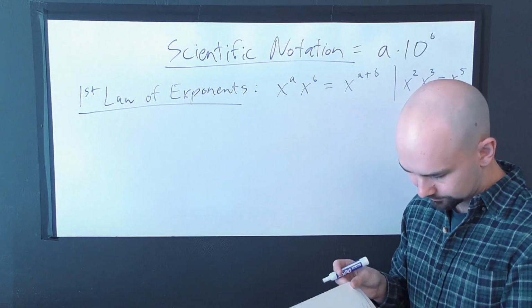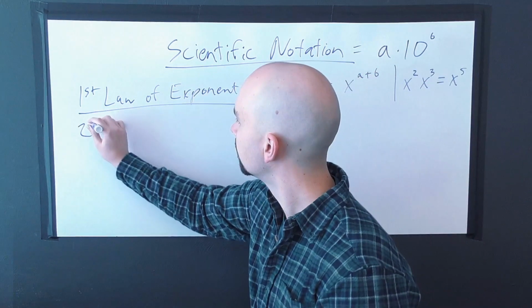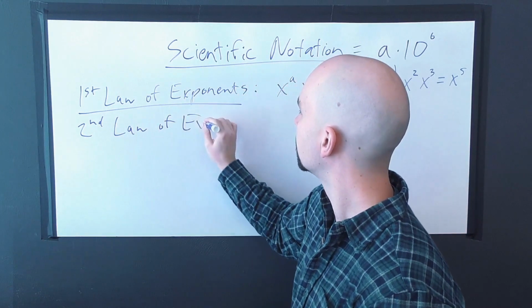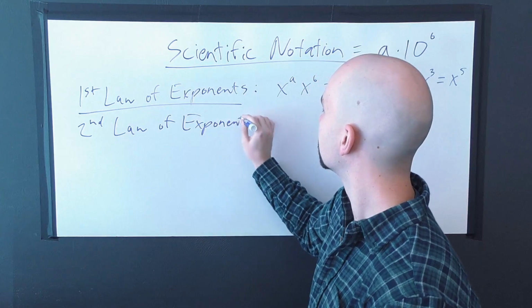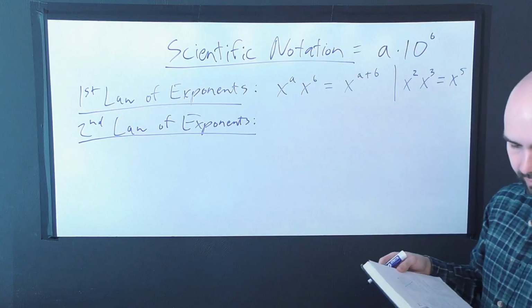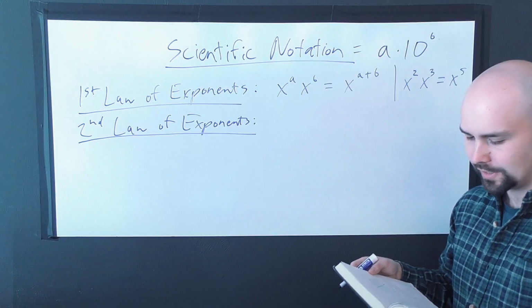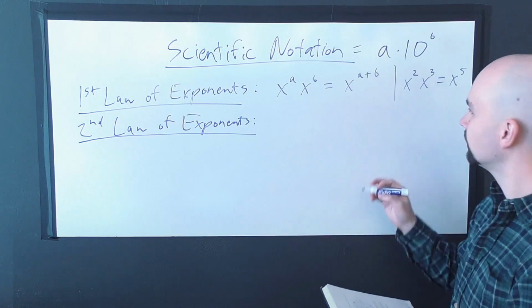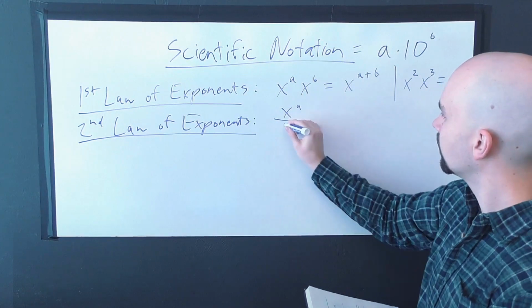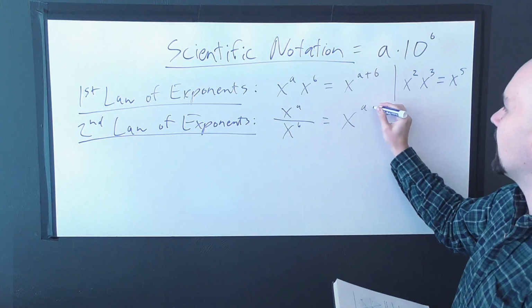The second law says this. If a and b are positive integers and x is any number other than 0, then x to the power of a divided by x to the power of b is the same thing as x to the power of a minus b.